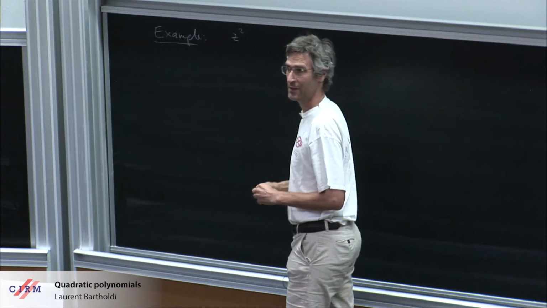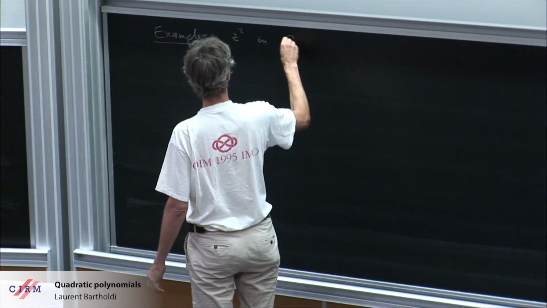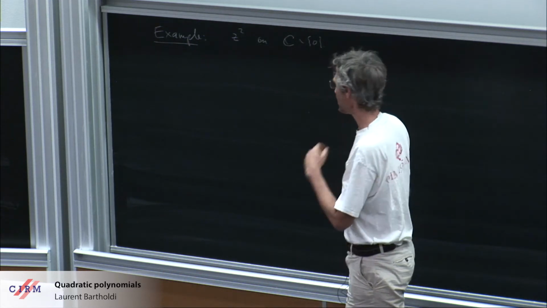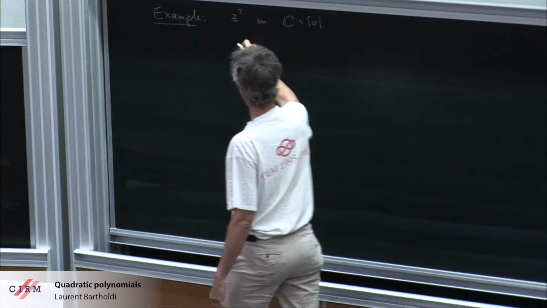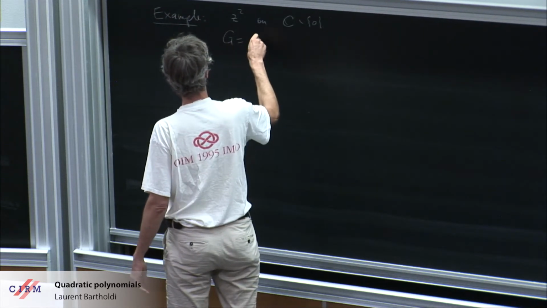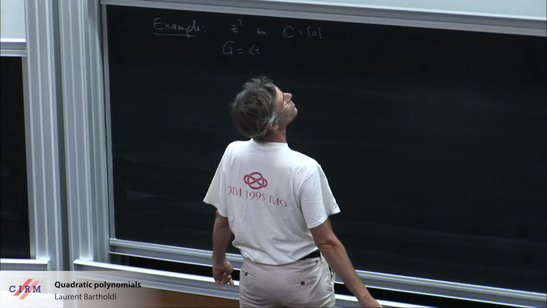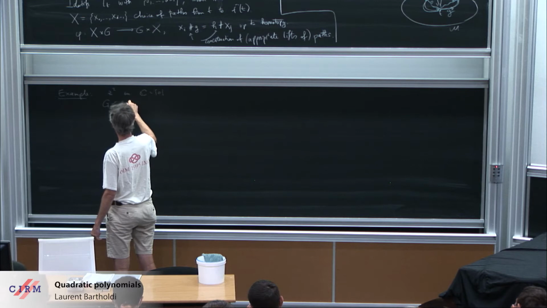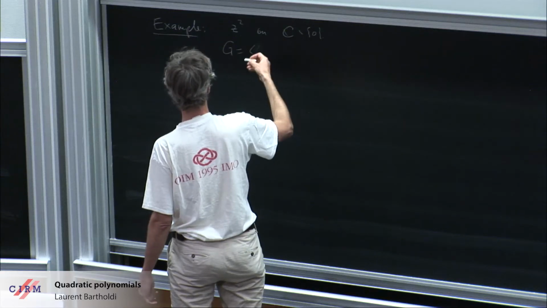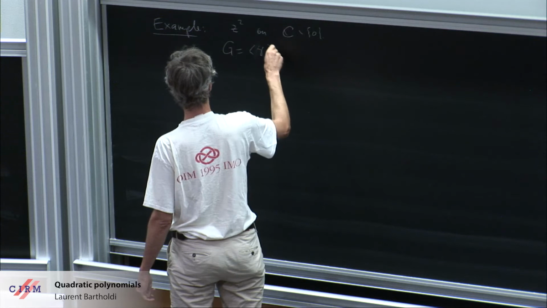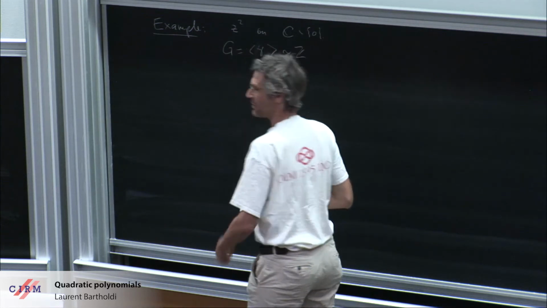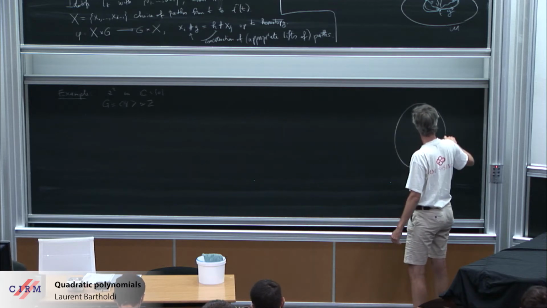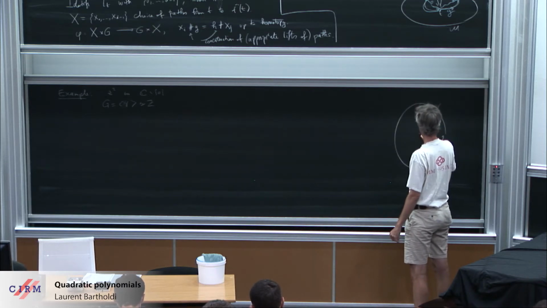z squared, seen as a covering of C minus 0. So in that situation, the fundamental group G, let's say gamma, is generated by a loop around 0.